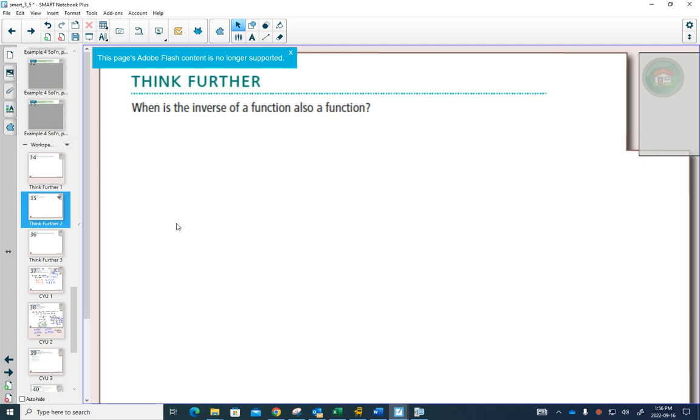There. Bottom of page 239, it has this question. When can you tell that the inverse of the function will also be a function? No problem.